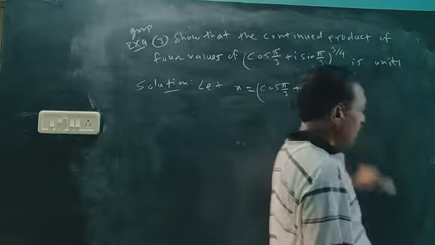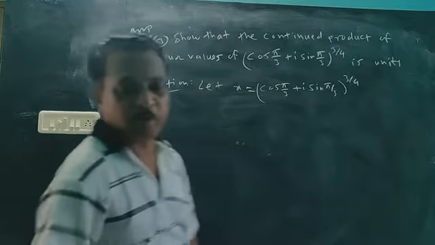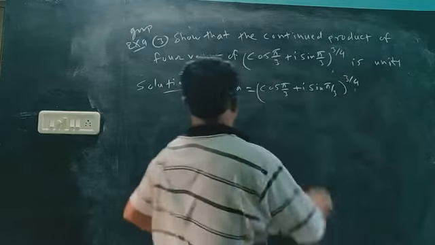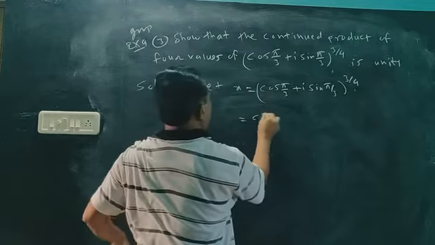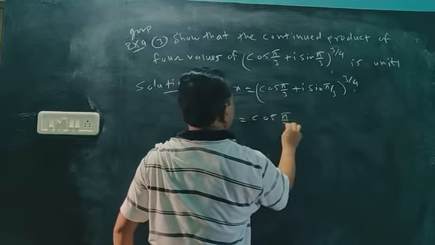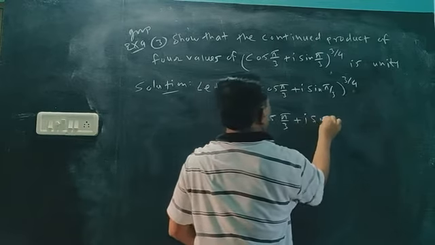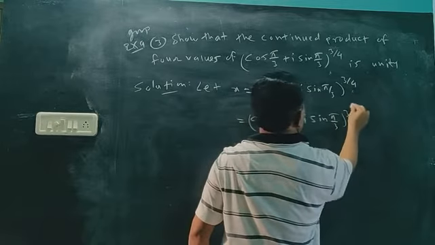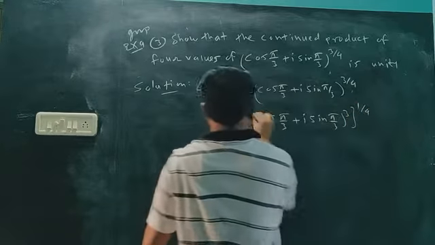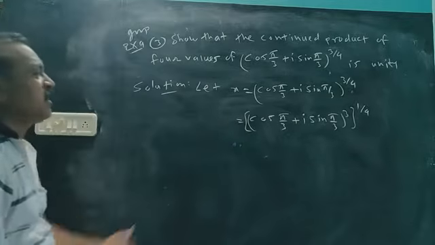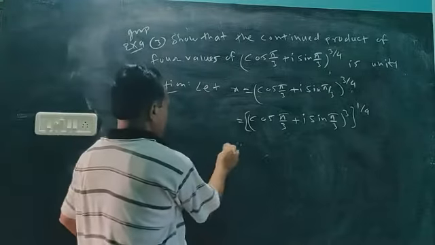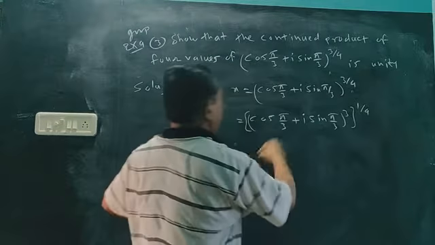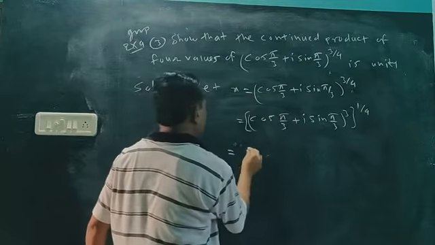So for 3 by 4, we have only 1 by 4 here, so the 3 will be removed. So apply De Moivre's theorem first for 3.